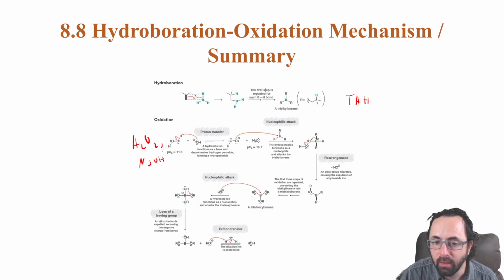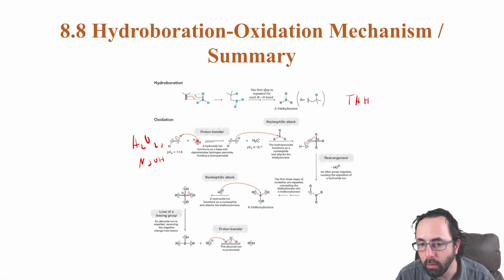The purpose of the sodium hydroxide is to deprotonate the hydrogen peroxide, so it grabs the proton here and 2 electrons are left behind on this oxygen, leaving a negative charge. Then we have a nucleophilic attack by this negative oxygen onto the boron, and then we have a boron with 4 bonds. Boron likes to have 3 bonds, as it generally has 3 electrons around it, being in group 3.